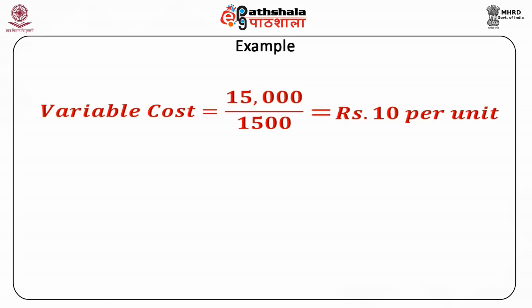Now, as we have variable cost, we can compute fixed cost by deducting total variable cost from total cost. Fixed cost is equal to total cost minus total variable cost.